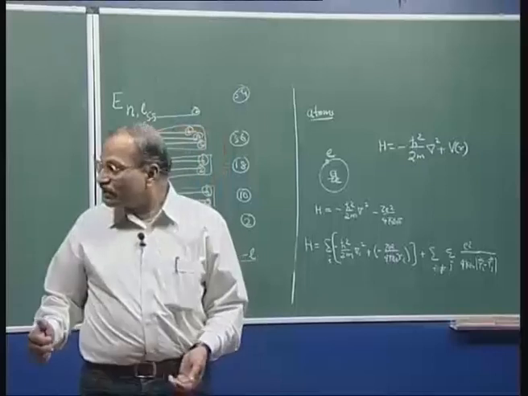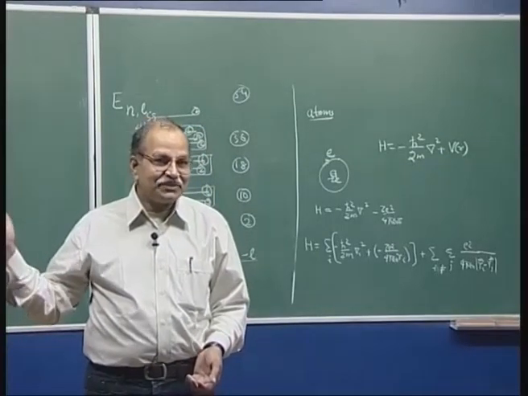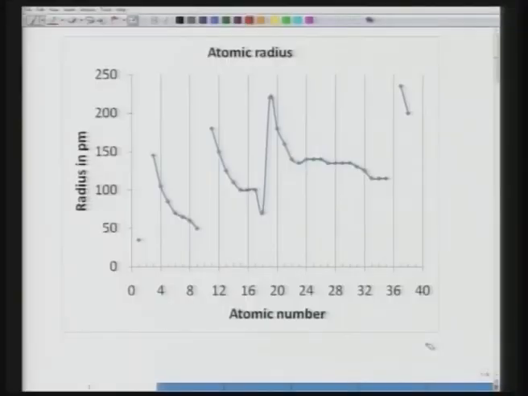Now, look at your screen. On the screen you should see the picture. On this graph I have shown atomic number on the x axis, and you can see 0, 4, 8, 12 at this interval. On the y axis is atomic radius in picometers.